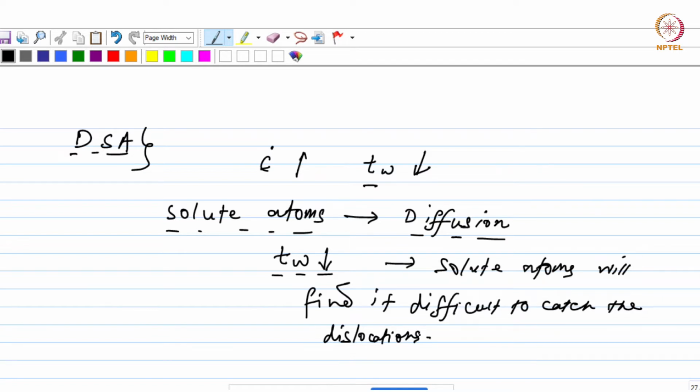Which means the dislocations will be able to move easily because there is no pinning down by the solute atoms. In other words, the deformation will now occur easily, at a lower stress, because if dislocations move easily, you do not really have to apply that much stress for their movement. So the net effect of this will be a decrease in the flow stress.